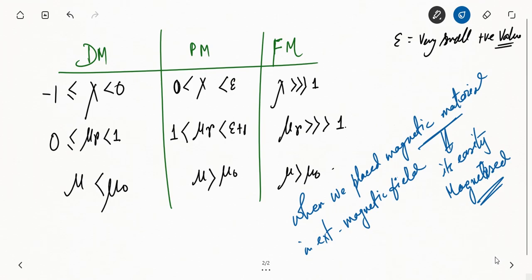Now here we discuss the difference between diamagnetic, paramagnetic and ferromagnetic material. Keep in mind that you may get one or two short questions, suppose 2 marks, asking what is diamagnetic, paramagnetic and ferromagnetic material, some key point questions. You get this type of question in the board exam.